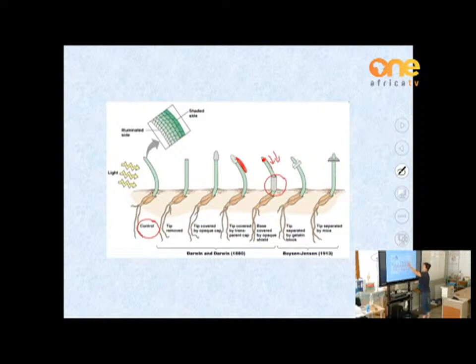So it can still have a higher rate of growth. If I put in a gelatine block and diffusion can happen through the gelatine, it will still bend. If I put in a mica cap, that means a cap that does not allow the diffusion of the auxin to the lower cells, it cannot grow towards light because I do not have a higher concentration on the one side.